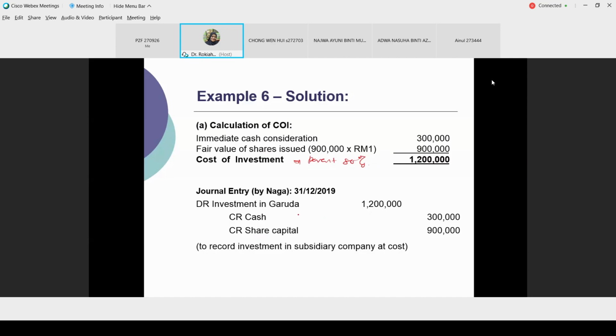Now prepare the journal entry. In the first place, you recognize the investment in the subsidiary at cost. Debit investment in Garuda, or investment in subsidiary.